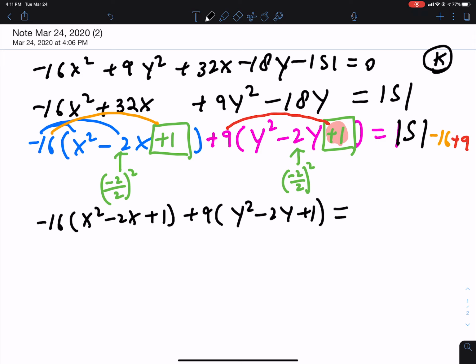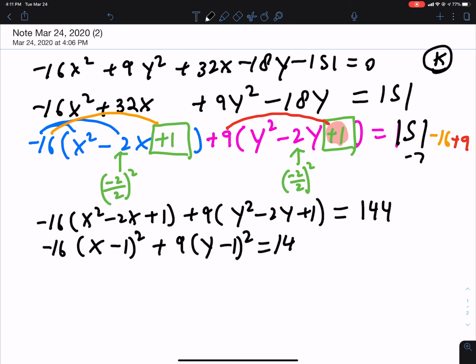If I subtract 7, I'm going to get 144. So now that I have the magic number there, these will factor nicely. This will now factor to x minus 1 squared. This will factor to y minus 1 squared.